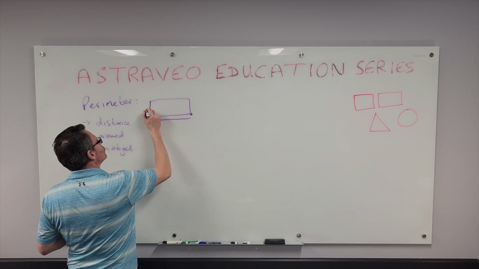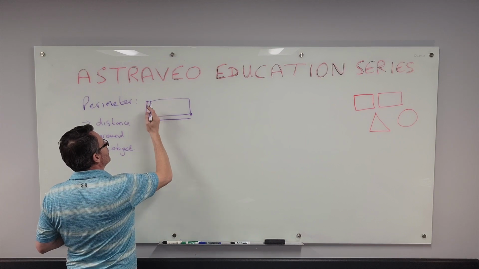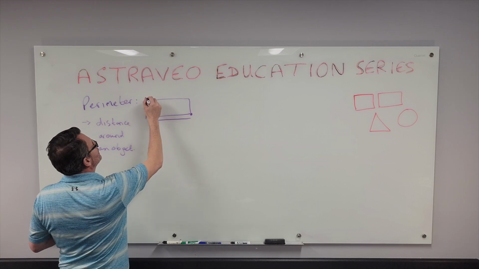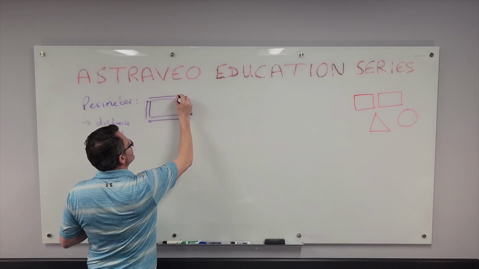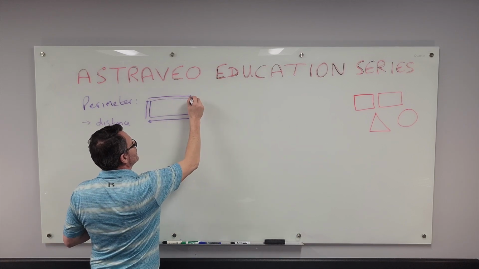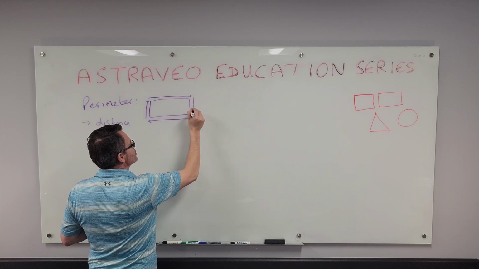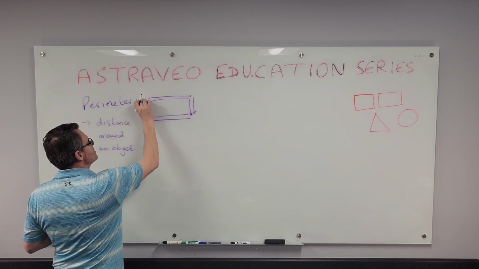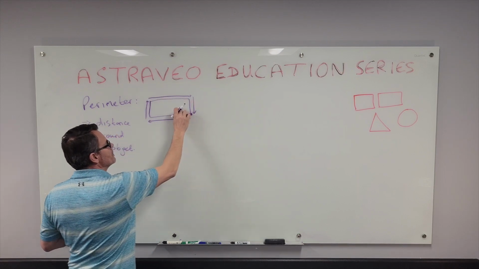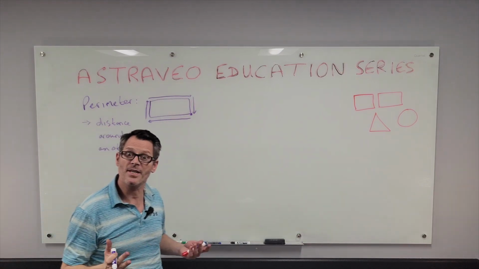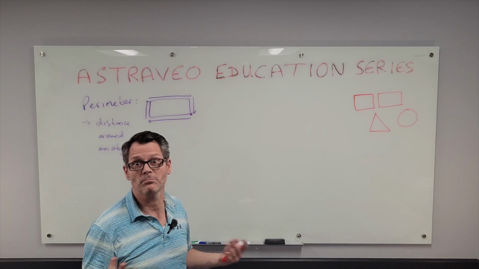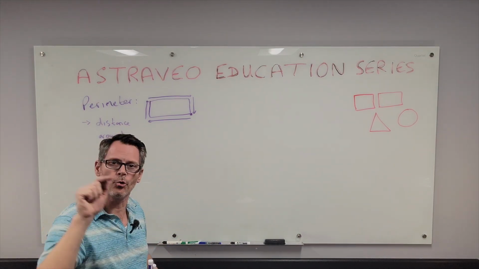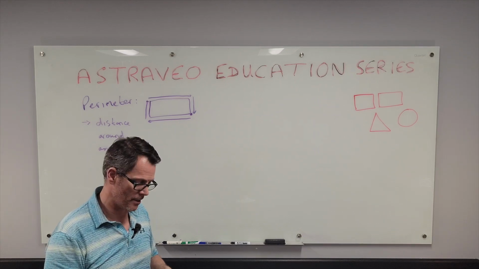I would walk all the way along the back goal line here. Maybe the Stretford end is over here, screaming my name. Walk all the way along the other sideline, and then back behind the visitor's goal there. So that distance, the perimeter, is the distance all the way around the geometrical object, which in this case happens to be a rectangle, a football pitch, or a soccer pitch.